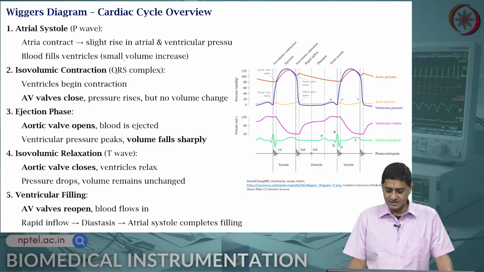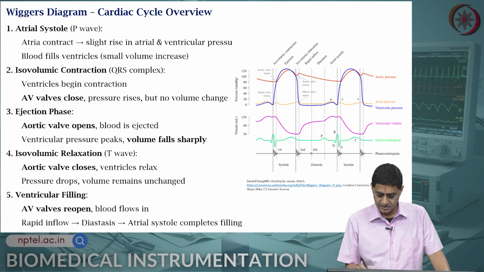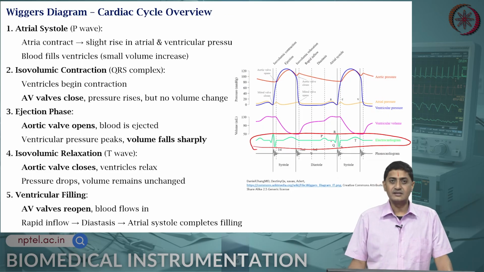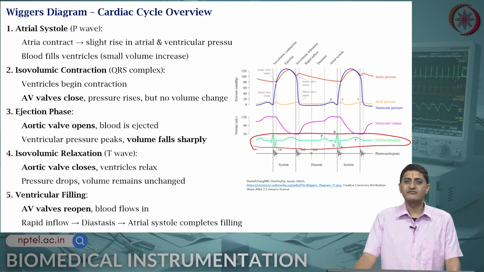Usually in the ECG there is a P wave, that is here. The ECG here is shown in green. So, there is a P wave, and that is followed by atrial systole. Atria will contract.